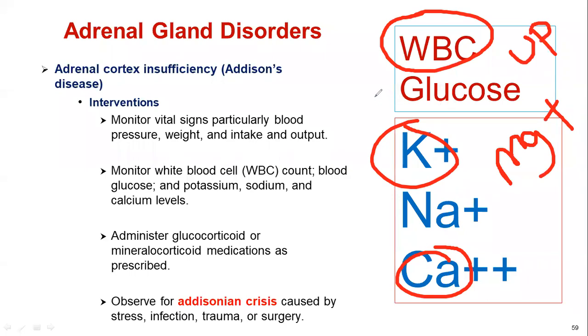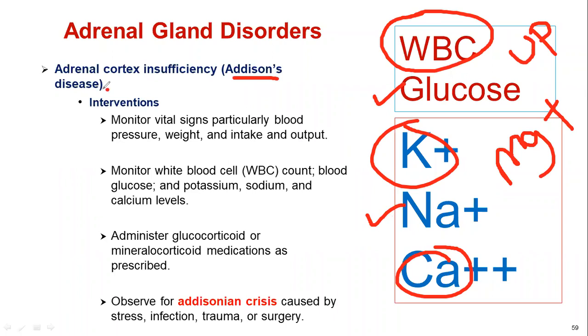But glucose or sodium or cortisol go down in Addison disease.